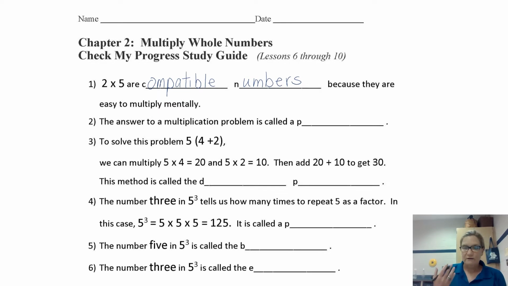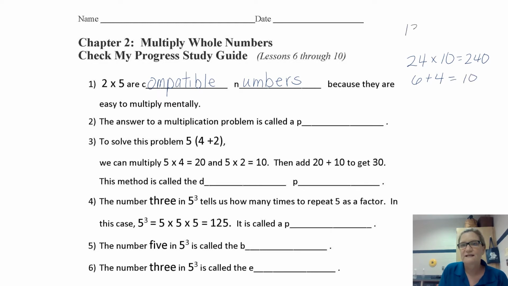So they're easy numbers to multiply. For example, I could say that 24 times 10, they're compatible because it would be 240. Okay, 6 plus 4 are compatible numbers because they equal 10.